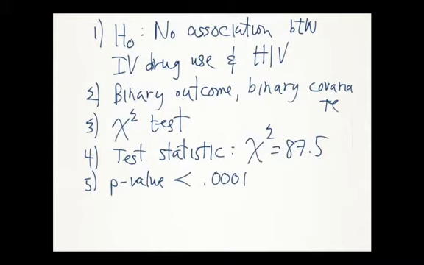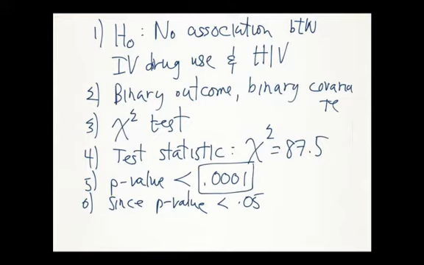Okay? In step 6, we say that since the p-value is less than 0.05, namely it's even less than 0.001, we reject the null.